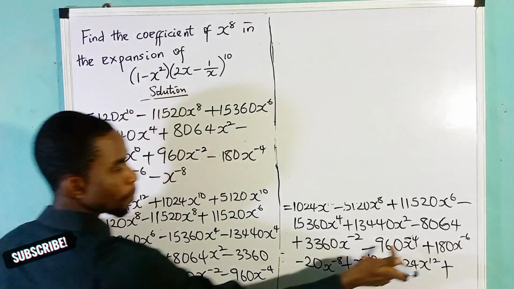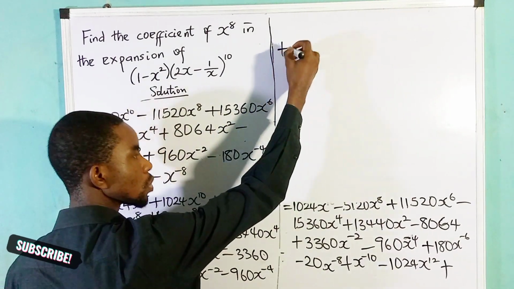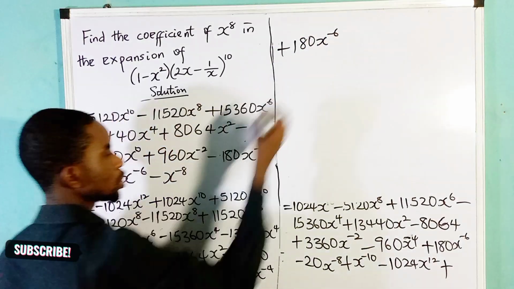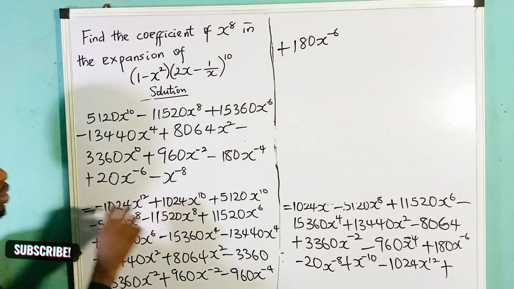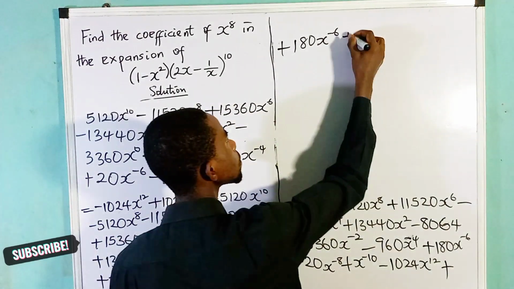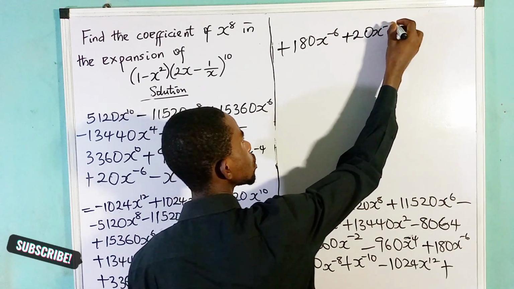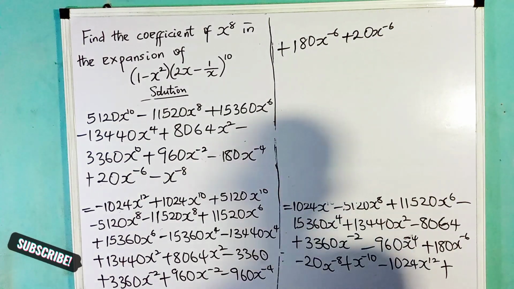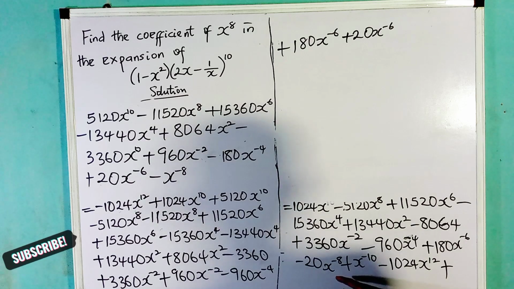So we have plus 180 x raised to power minus 6 plus 20 x raised to power minus 6, and then lastly we have, is that the last one? That's not all.